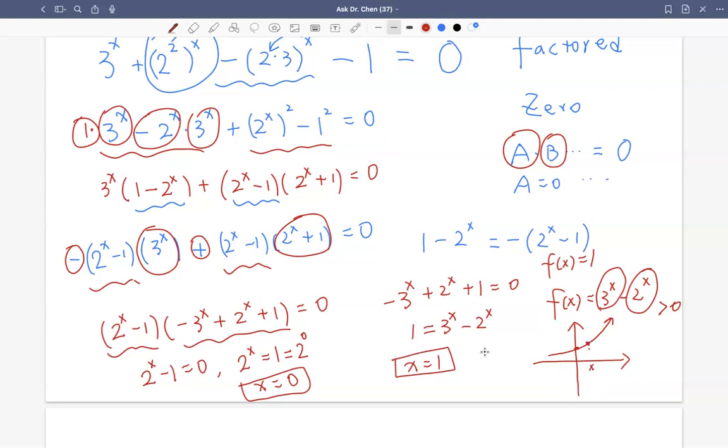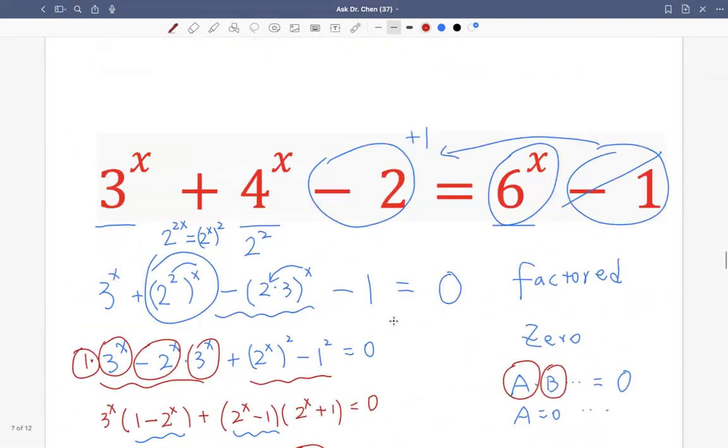It's different from, say, quadratic functions, where we may have two x values for the same y value. But an exponential function is one-to-one, so we won't have it. That verifies the equation only has two solutions. One is x equals 0, the second one is x equals 1.